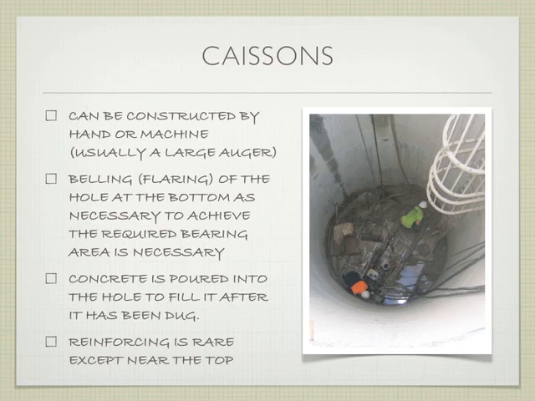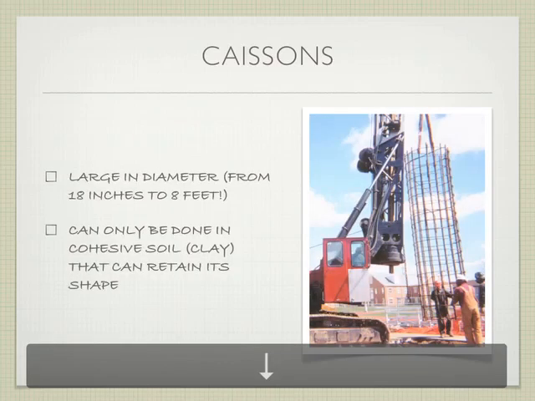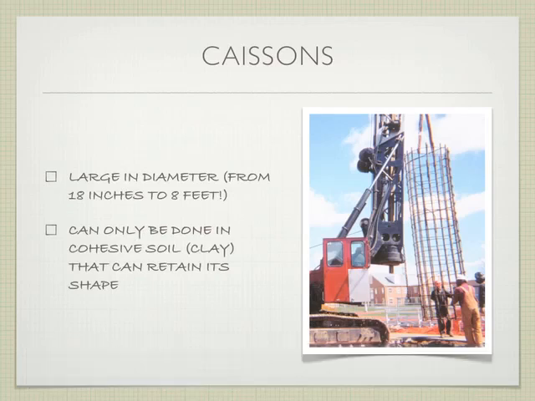The concrete is then poured into the hole to fill it after the hole's been drilled or dug. Reinforcing is pretty rare in these. The bulk of their purpose is to support the heavy load going down in a building rather than seismic load, but it varies a little bit. So there isn't too much reinforcing. If there is any, it tends to be toward the top.